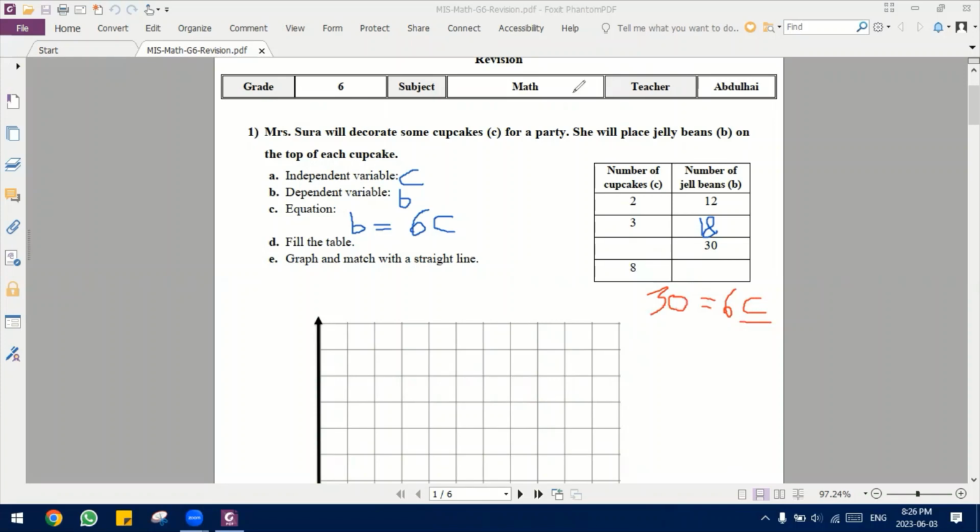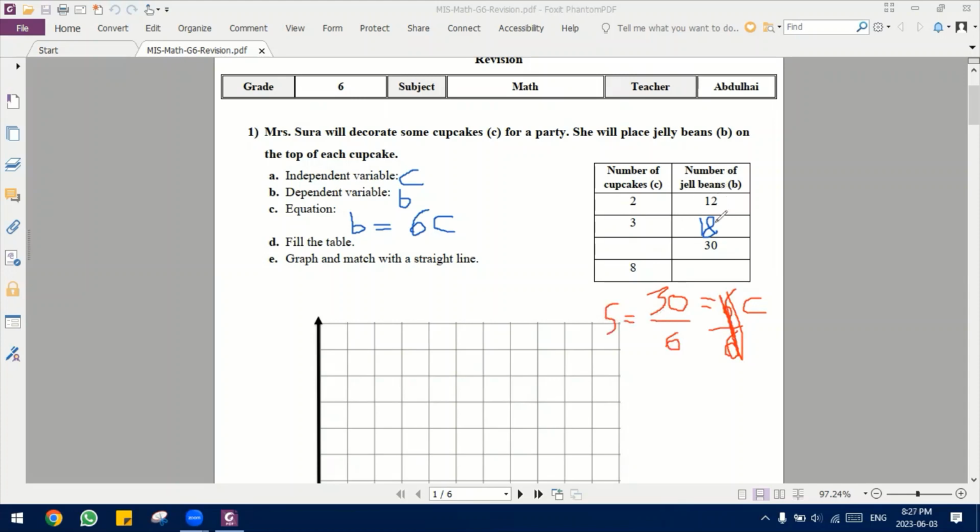So how can I leave C alone here? I need to do the opposite, which is to divide by 6. Of course, when we do something, we should do it on both sides. So when I divide by 6, these 6 will cancel. So I have 30 divided by 6, which is equal to 5.